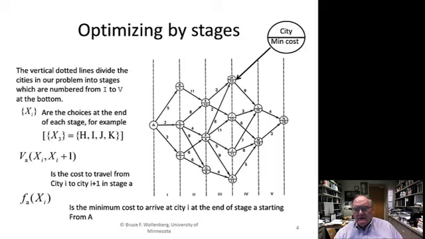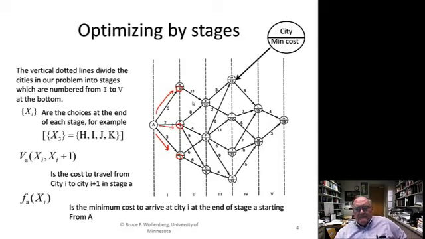Well, this number in the lower half of the circle is the minimum cost to reach that city. So if I go from A to B, there is only one path, and so the cost is 5. So you see the 5 right in here. A to C, the cost is 2 because that's the only path there, and A to D the cost is 3. Now we begin to have some decisions to make.